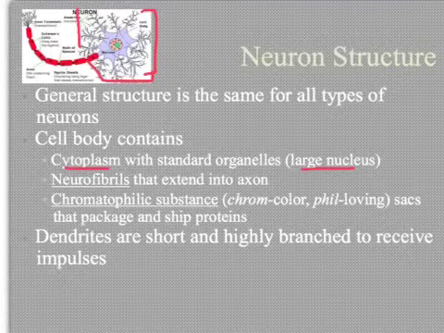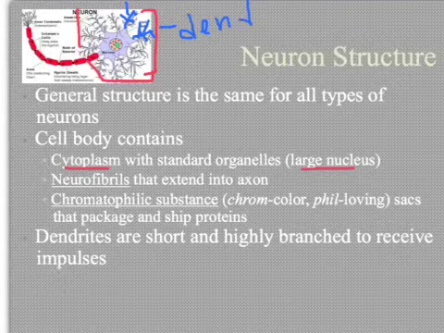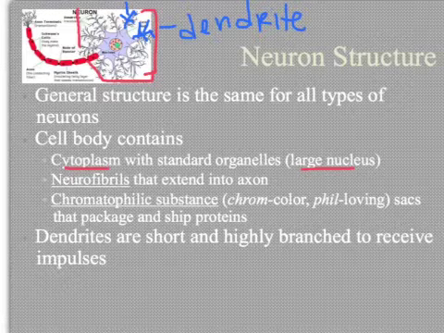And then there are these little branches extending out from the cell body. These are the receptors. These are called dendrites, and that word means branch in Greek. So dendrites are the branches that receive information.